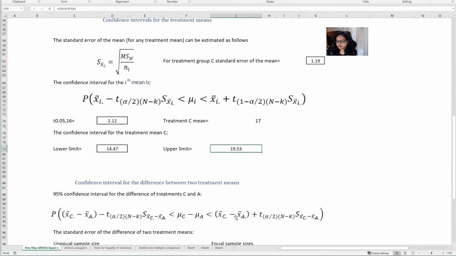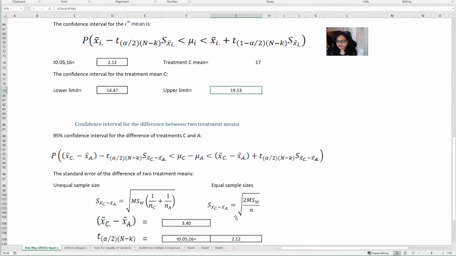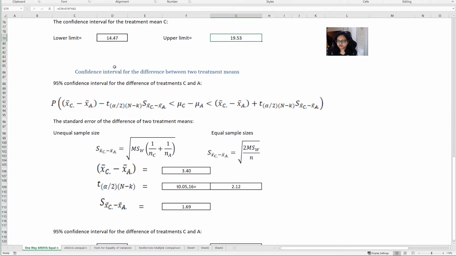So for the confidence interval for the difference between two treatment means, that means we are talking about two treatment means, two groups. So let's say we are finding the 95% confidence interval for treatment groups C and A. At first we need to find the difference between them.